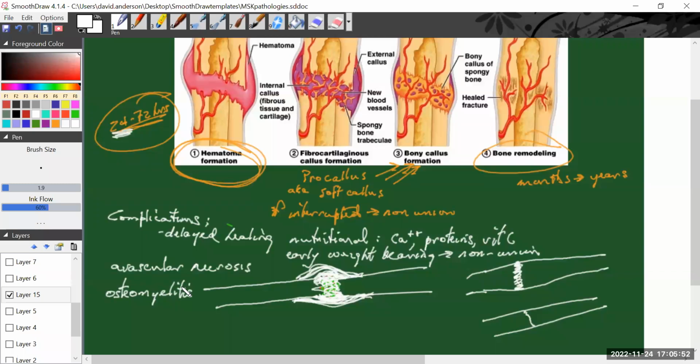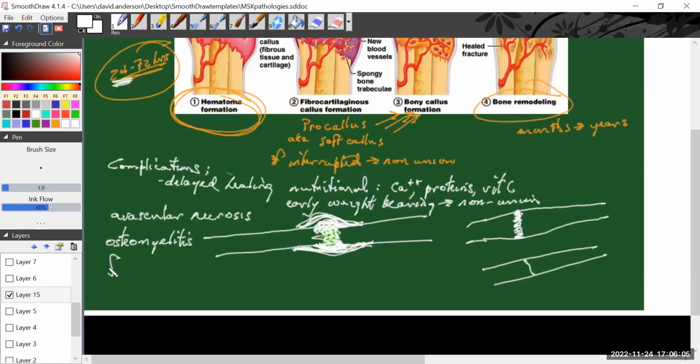So again, that marrow is not usually equipped to fight off bacterial infections because it's enclosed under normal conditions. So we're also concerned about osteomyelitis, the compartment syndrome we mentioned, and the fat embolus or emboli that we mentioned earlier as well.